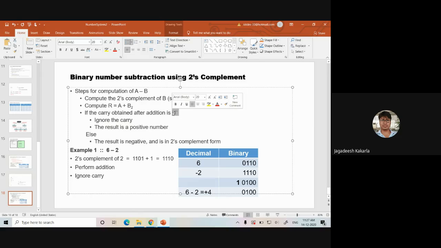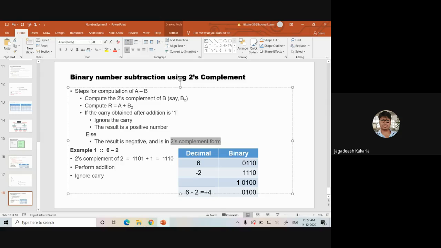But in 2's complement form, if we get the end carry as 1, we will ignore the carry and the result is a positive number. Else, if the end carry is 0, again the result is negative. Whatever result R you got, compute the 2's complement of it. Is it clear? Have you understood the steps?